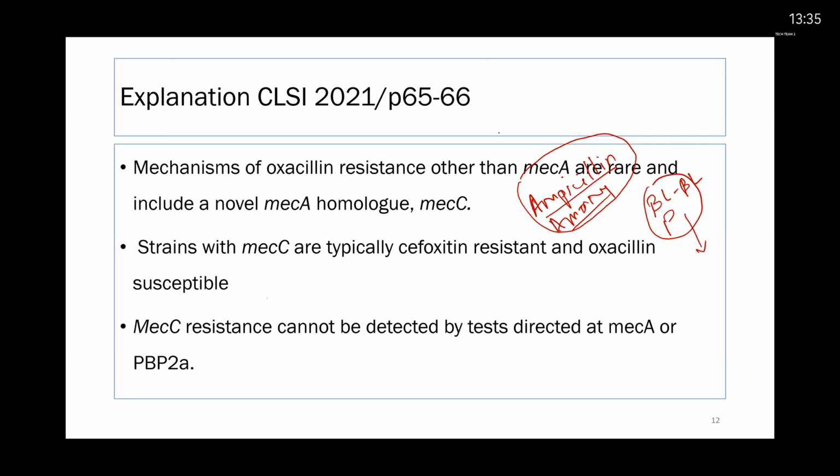So the most common mechanism of oxacillin resistance or methicillin resistance is mainly mediated through mecA. For mecA, we can do either oxacillin MIC if your lab permits, but every document says that testing for cefoxitin can very reliably predict mecA resistance.